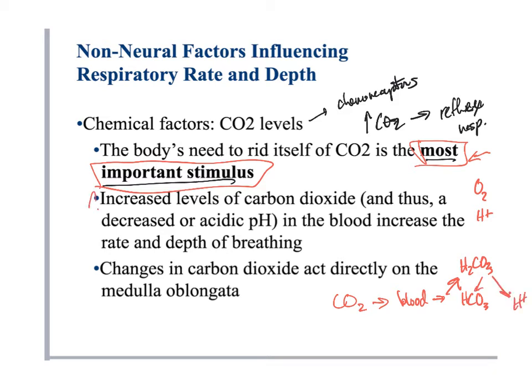So as CO2 goes up, you end up with a decrease in pH. Because CO2 goes up, that leads to an increase in hydrogen ions, because of how CO2 ends up in the blood. More CO2 is going to result in more hydrogen ions, and that will in turn lead to an increase in respiration rate.